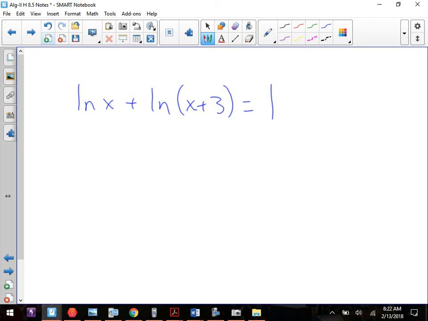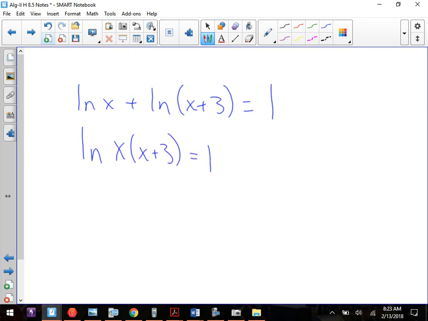And in order to make this work, natural log is log base what? E. So those two have the same log base, don't they? Which means in order to condense them, what would I have to do with them? You multiply. So you would get natural log of x times x plus 3 equals 1.